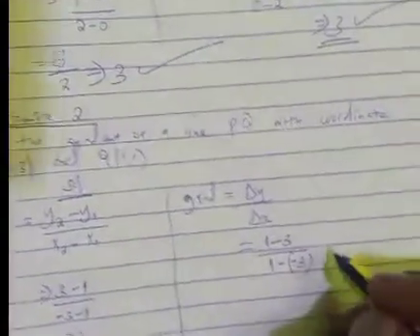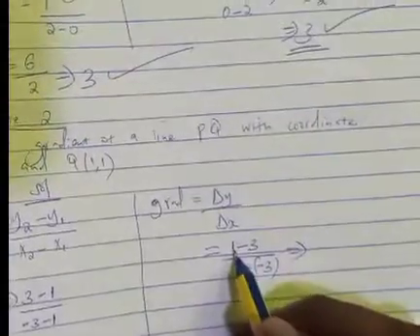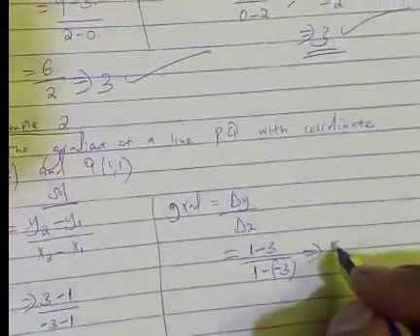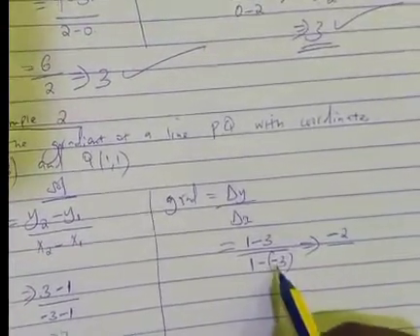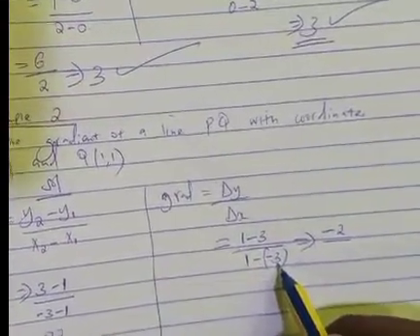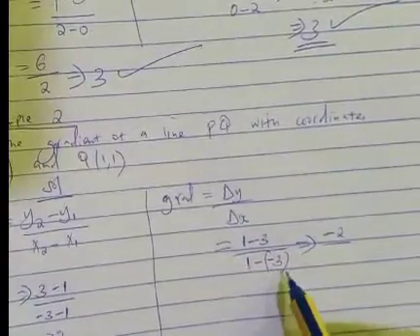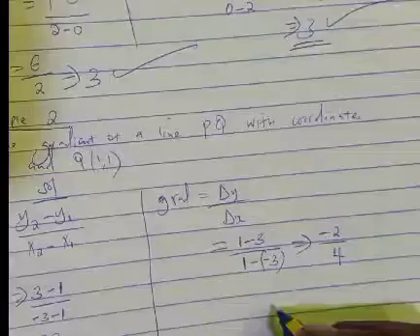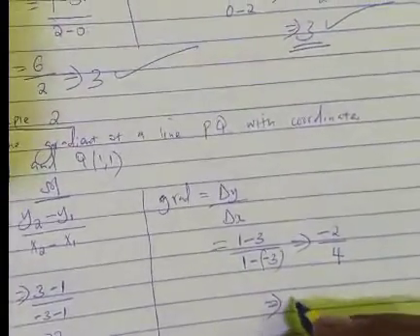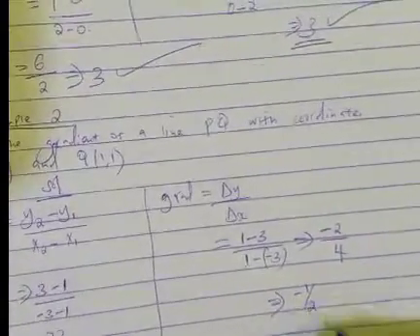So we know that 1 minus 3 is negative 2. 1 minus minus 3 is the same as 1 plus 3, which is the same as 4. And we have our final answer as negative a half.